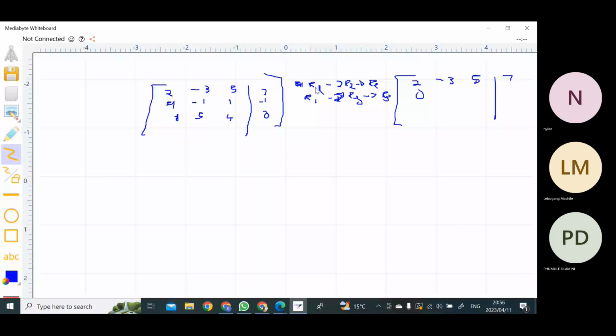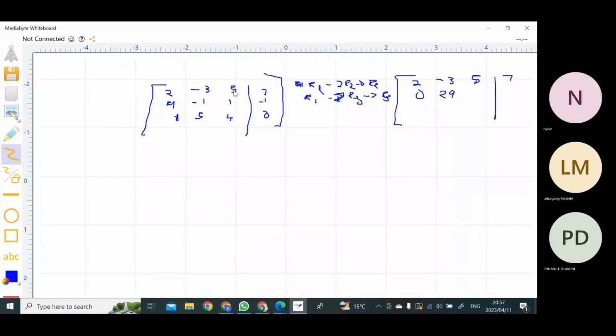Then 9 times minus 3 is minus 27, minus 2 times minus 1 is plus 2, so minus 27 plus 2 is minus 25. Then 5 times 9, what is 5 times 9? Let me use my calculator.